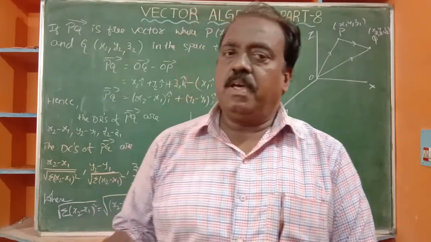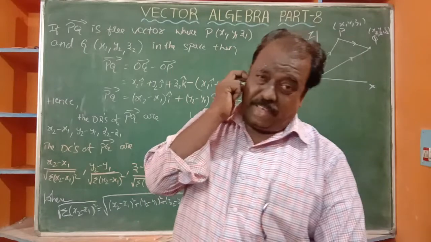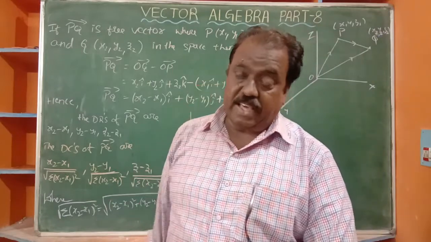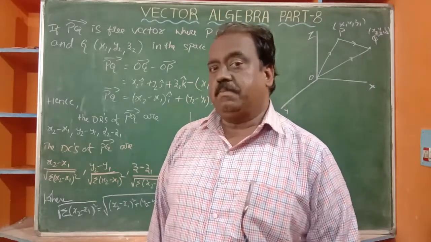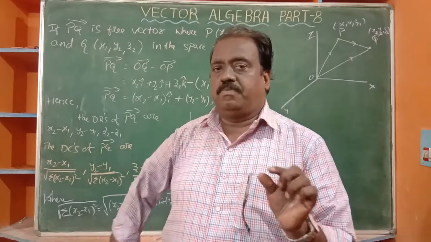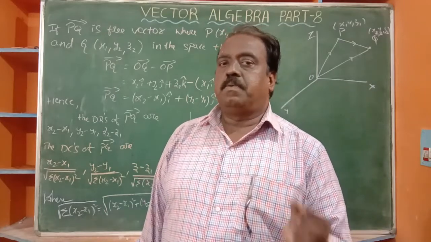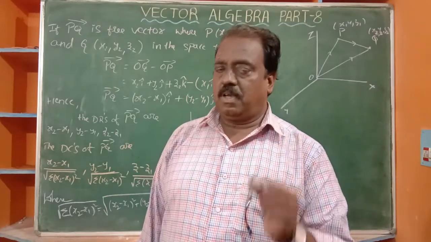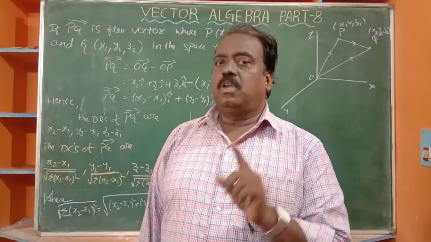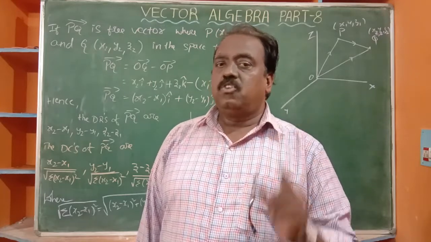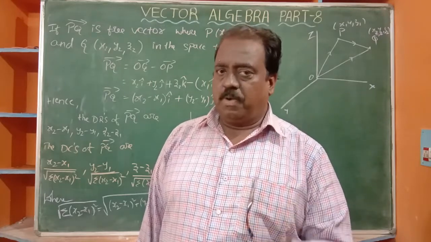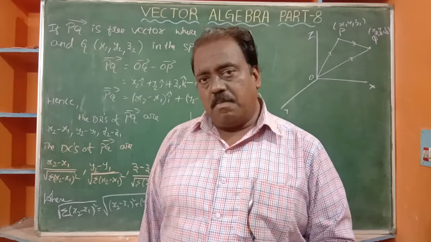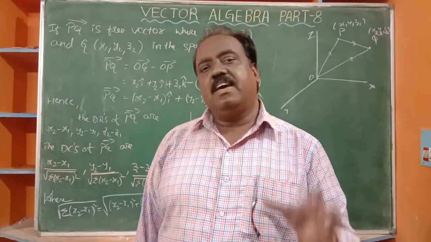They are simply the multiples of i cap, j cap, k cap, the coefficients that come out. In 2i cap plus 3j cap plus 4k cap, 2, 3, 4 are the scalar components, simply components. Those components are called DRs.